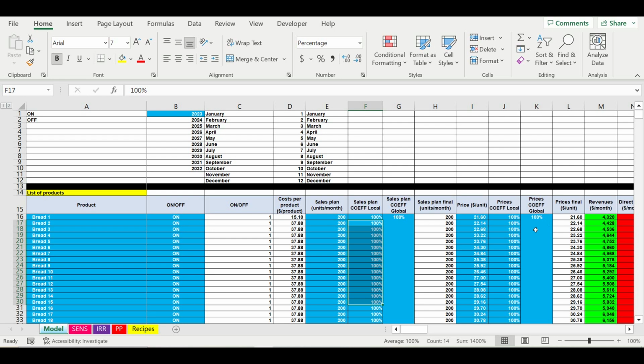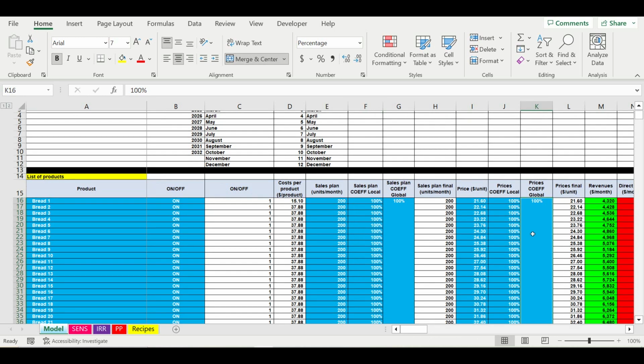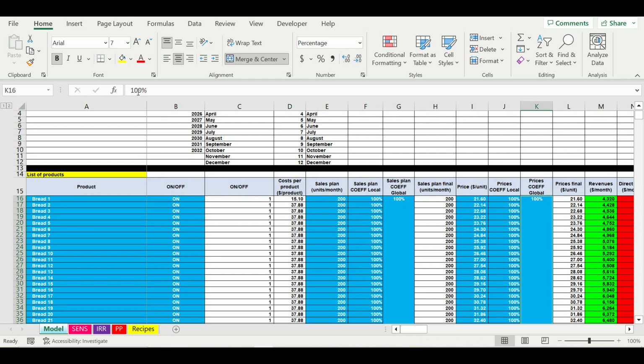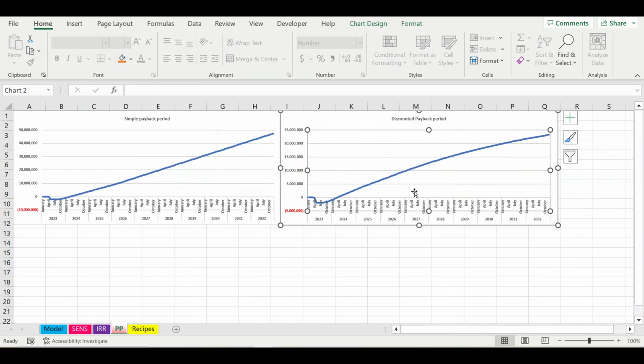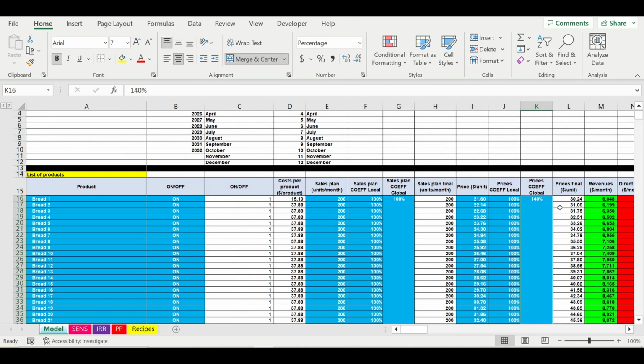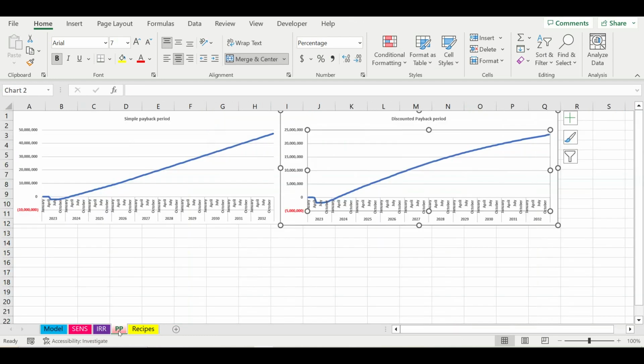The same story happens with pricing. For example, what will happen if the prices grow by 40%? He goes to the diagrams and looks at what will happen. Then he looks at what will happen to the project if the prices decrease by 40%.